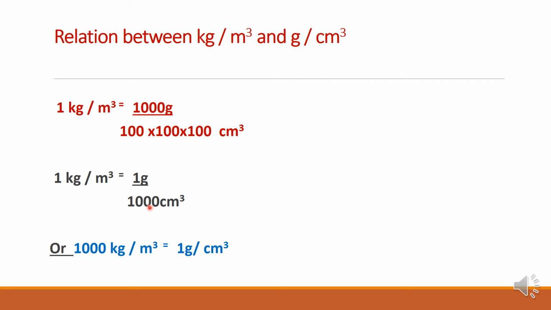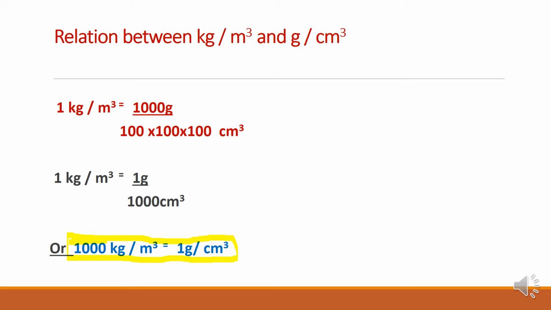Or if you take 1000 to the other side, we can write 1000 kilogram per meter cube is equal to 1 gram per centimeter cube. This is a very important relationship. Which one is a bigger unit? 1 gram per centimeter cube has how many kilogram per meter cube in it? 1000 kilogram per meter cube.